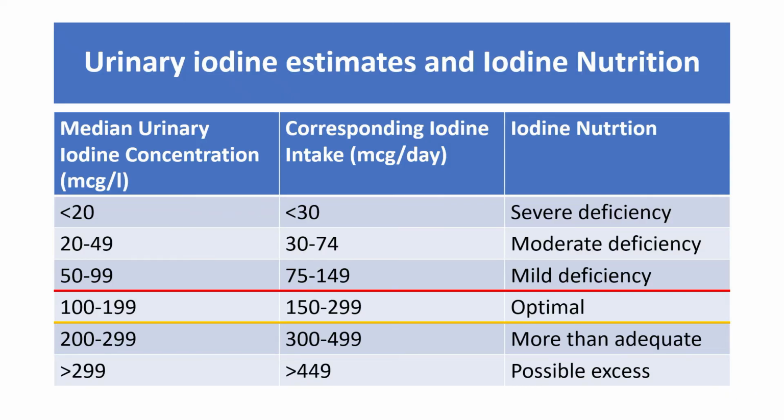You can see that there is a direct correlation between median urinary iodine concentration and the corresponding iodine intake, and optimally it should be around 100 to 199 micrograms per liter, which corresponds to around 150 to 299 micrograms daily iodine intake, and below that a person can have decreased iodine intake, and that can lead to decreased production of thyroid hormones.